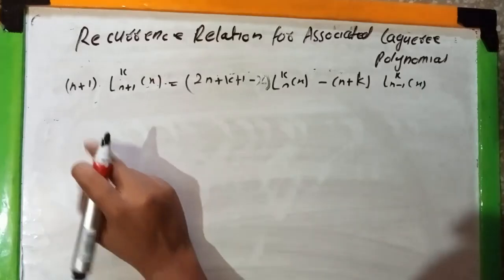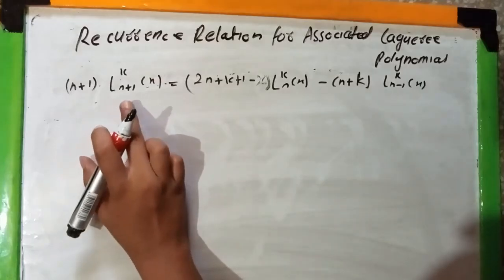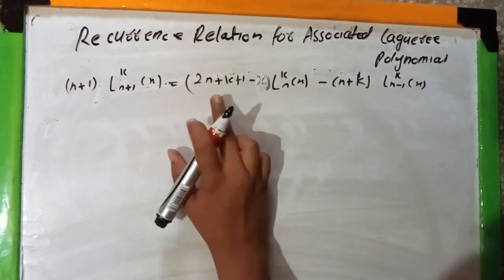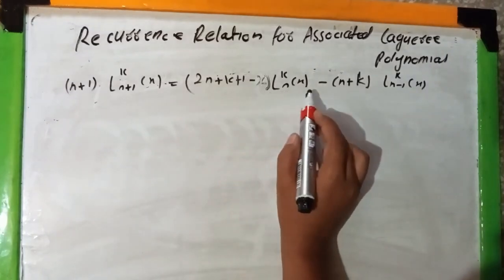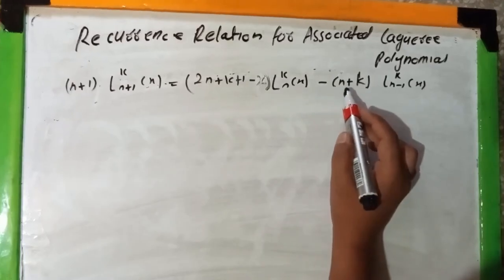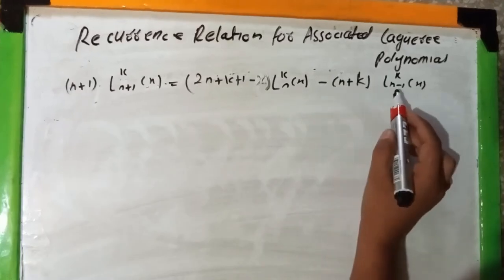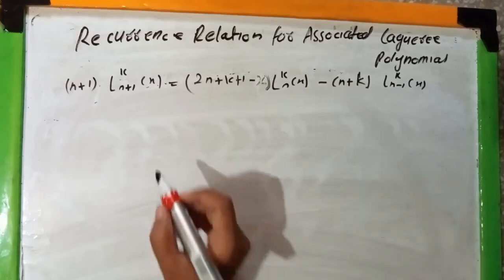Another recurrence relation is (n+1) L_{n+1}^k(x) is equal to (2n+k+1-x) L_n^k(x) minus (n+k) L_{n-1}^k(x).